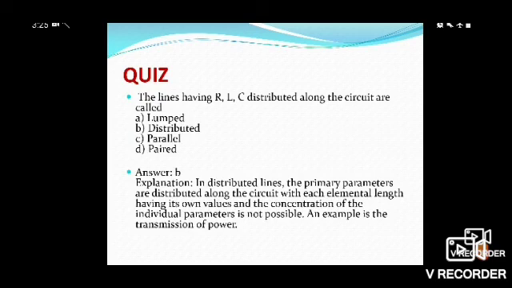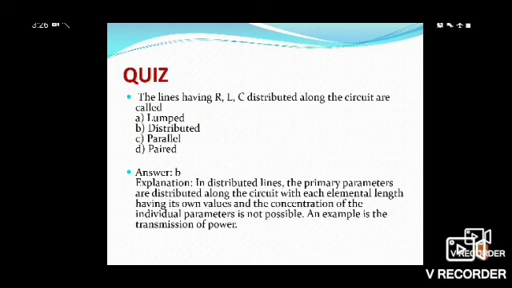The answer is distributed. Whenever we are using distributed lines, the primary parameters are distributed around the circuit with each elemental length having its own values, and the concentration of the individual parameters is not possible. An example is the transmission of power.